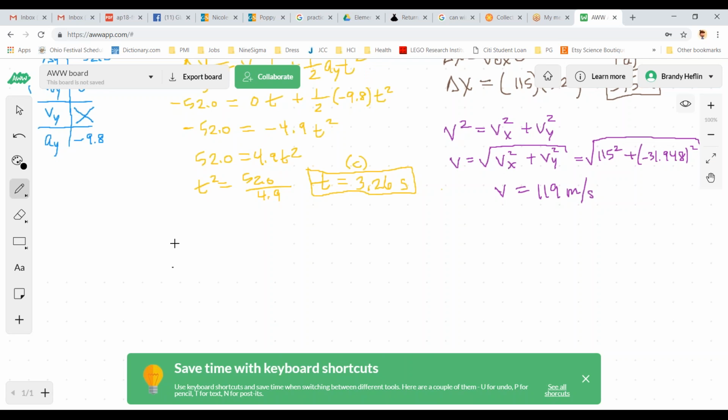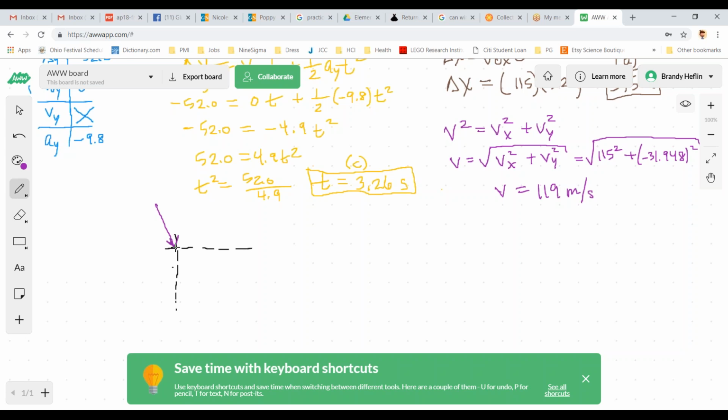Okay. So at the point of impact, the arrow is going to come into the ground like this.